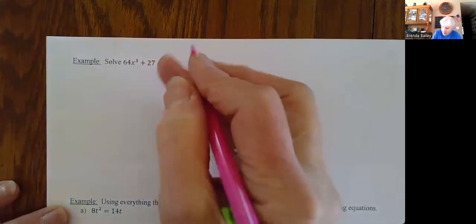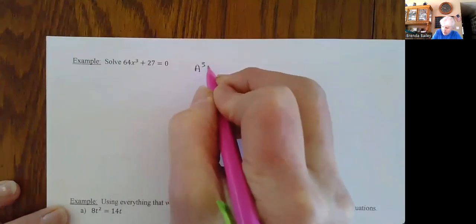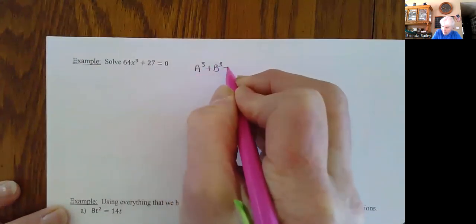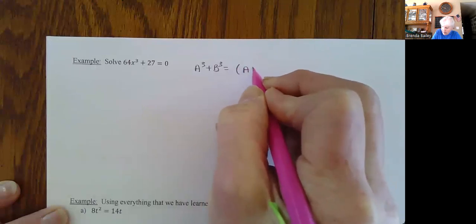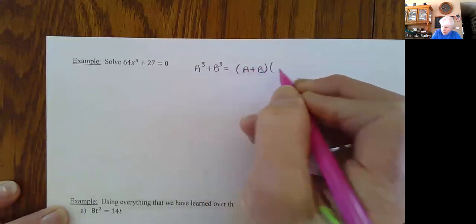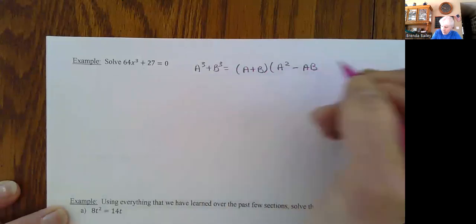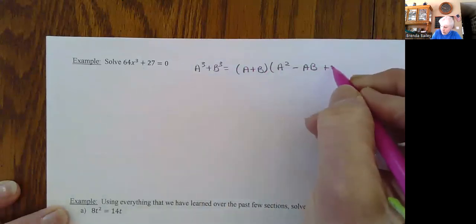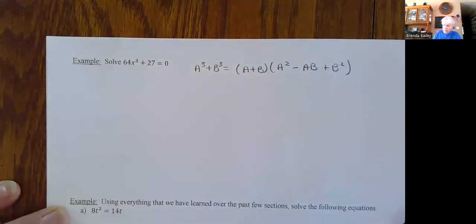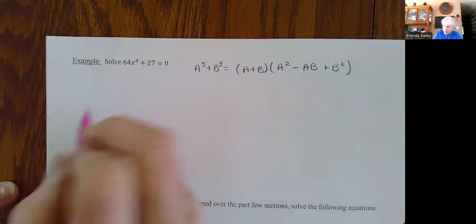So we have A cubed plus B cubed. So we match the sign. Then we square the A. We have a negative, multiply them. And then we square the B. And then we'll set it equal to 0. Okay, here, what is the A and what is the B?